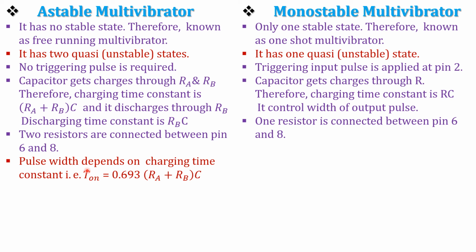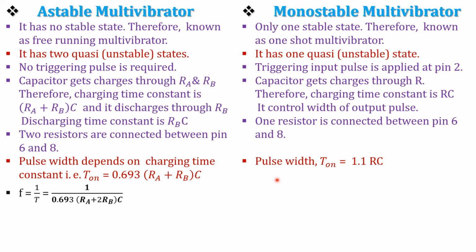Now we find the frequency or the pulse width. The pulse width depends upon the charging time constant, or the time for which the capacitor gets charged, T on, that is 0.693 multiplied by (Ra plus Rb) into C. This is the pulse width for an astable multivibrator. For monostable, the pulse width depends upon the time constant RC and it is 1.1 RC.